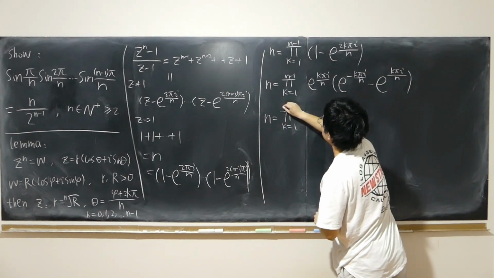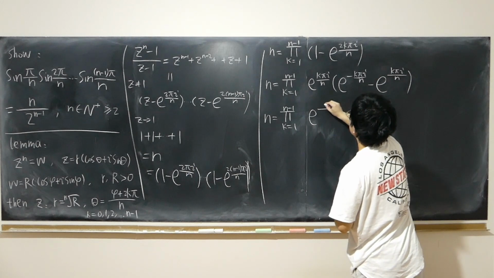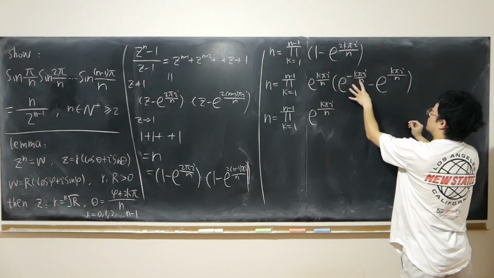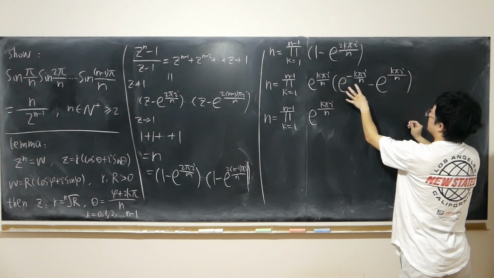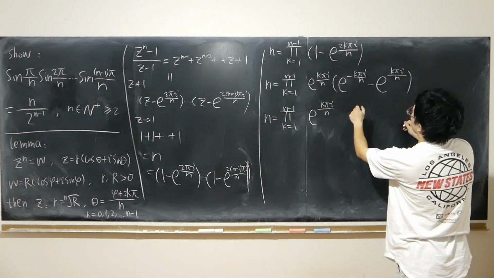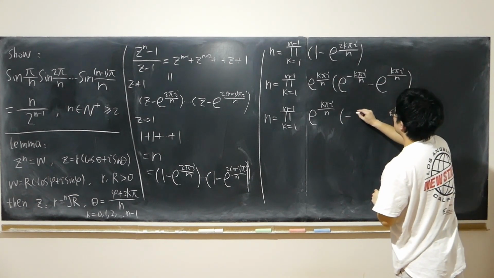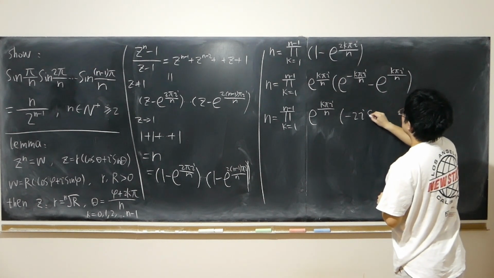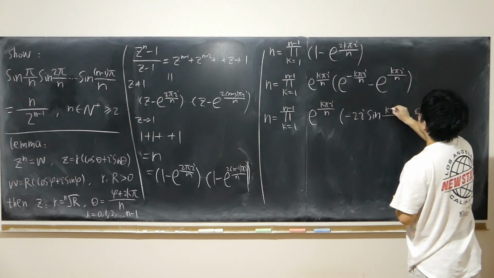And notice this can in fact be written as n equals the product for k from 1 to n minus 1 of e to the k pi i over n times something. Remember, when you write it in trigonometric form, the cosine part cancels out, and we are left with negative twice i times the sine part, and the angle is k pi over n.